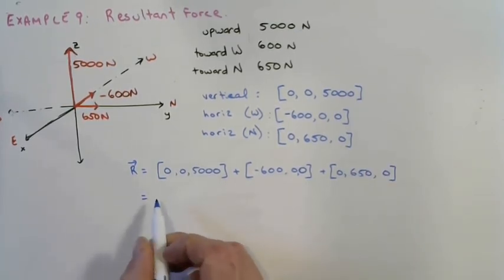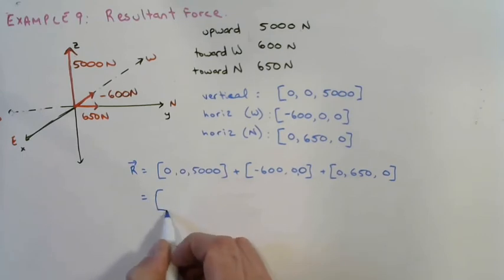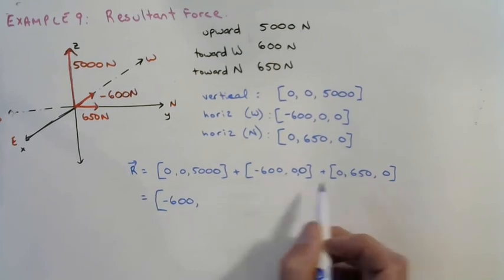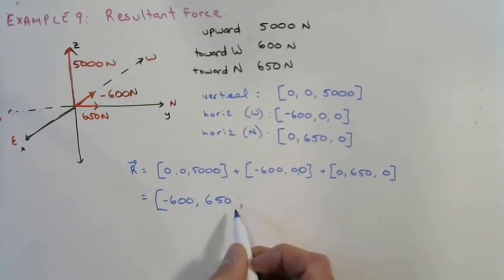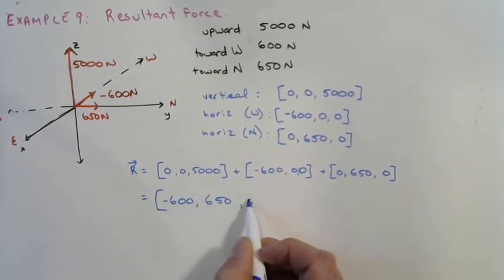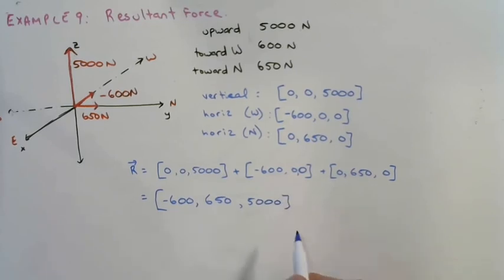When I put those together, I get the resultant vector x negative 600, y 650, z 5,000. Okay? That's the vector itself. That's the position that it would end up in our octant here.